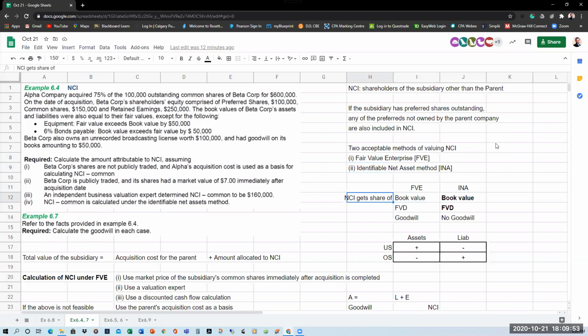So if the parent company owns 80%, NCI will get 20% of the book value of the subsidiary, the fair value differences related to the subsidiary's assets and liabilities on the date of acquisition. And in the case of fair value enterprise, NCI is allocated a portion of goodwill.